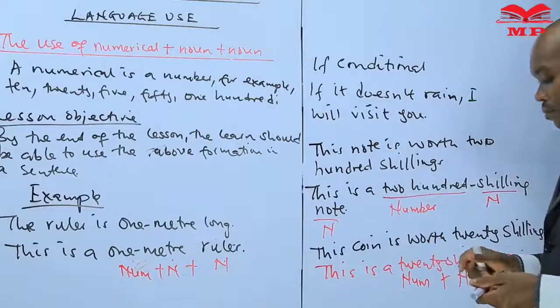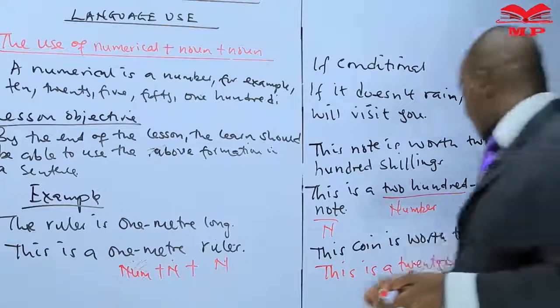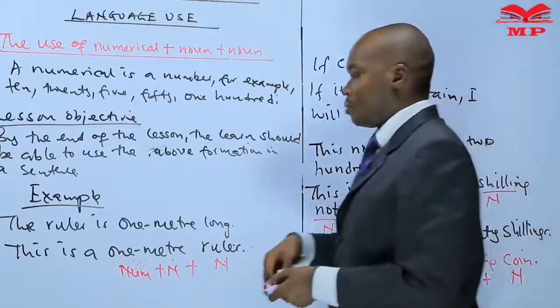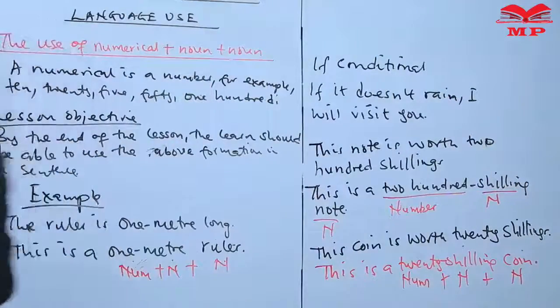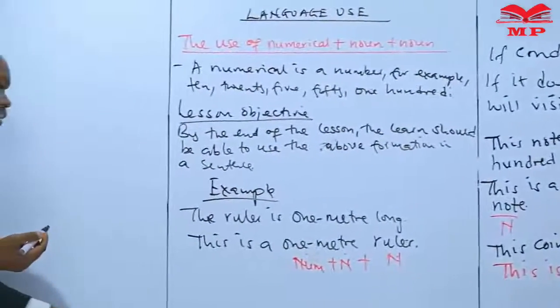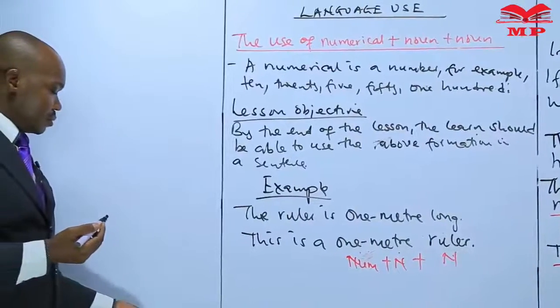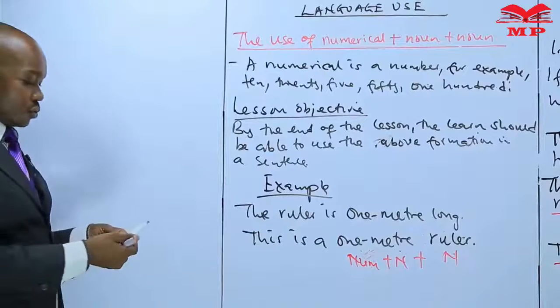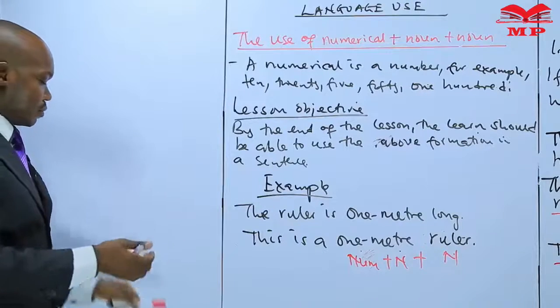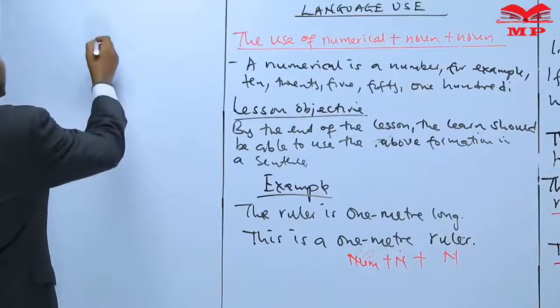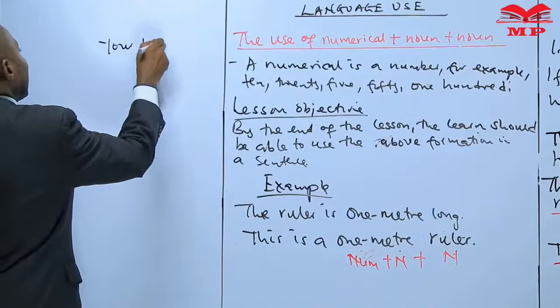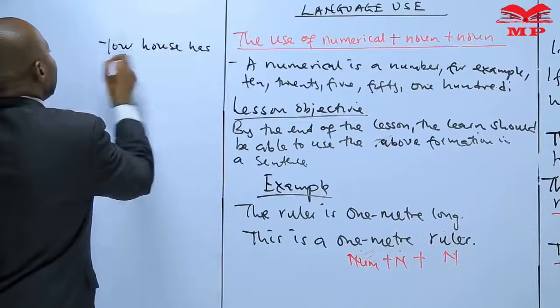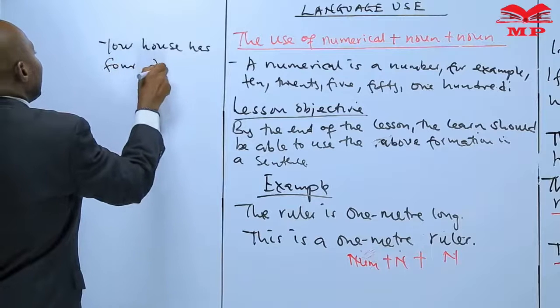All right? Let me give you some more examples. If you live in a house that has 4 doors, your house has 4 doors.